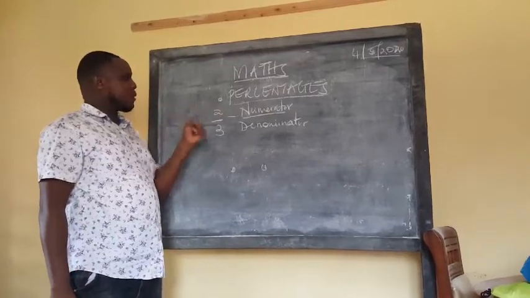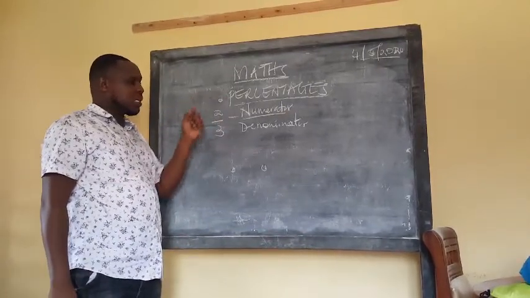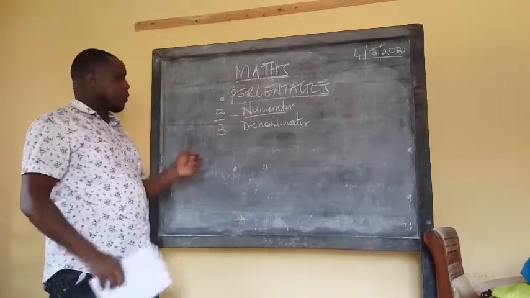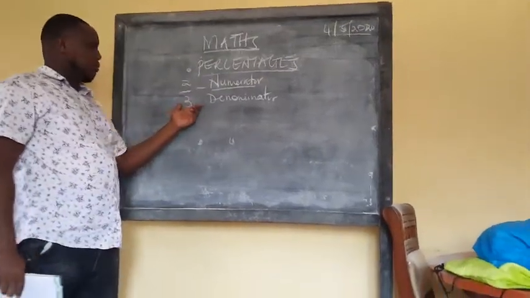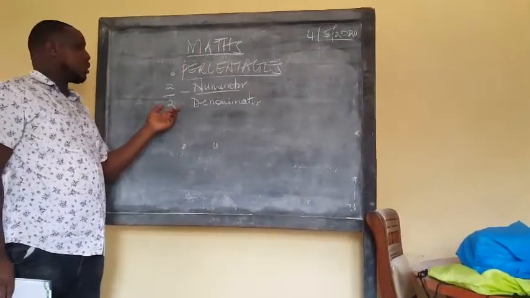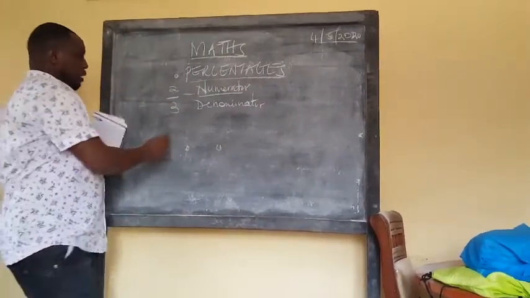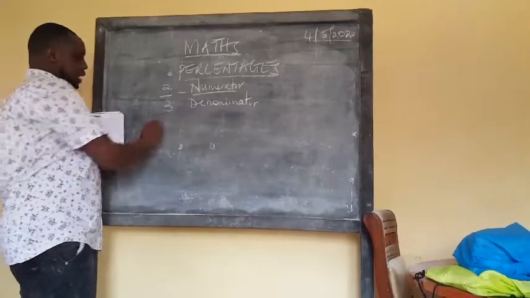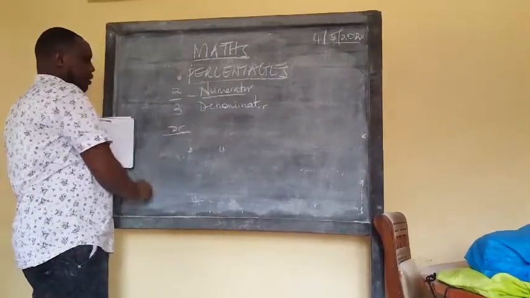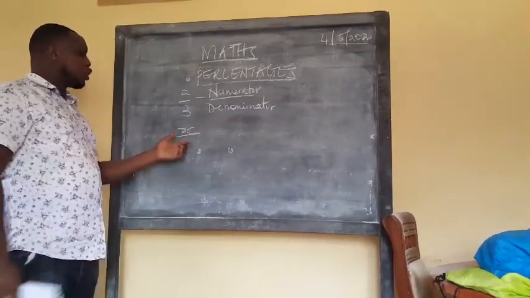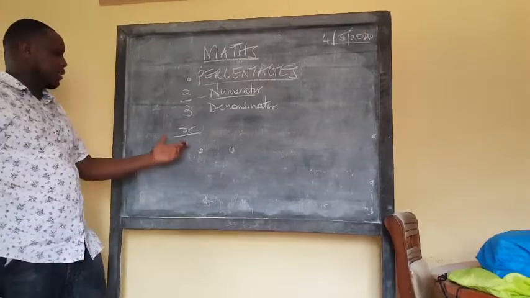So when I say percentages are special types of fraction, it's that if you look at the lower number, we are going to concentrate on the lower number. The upper number, let's for example take x over, the lower number is always going to be 100.